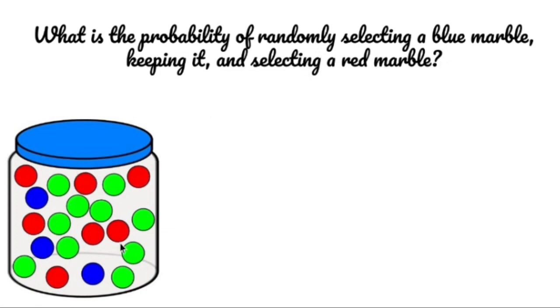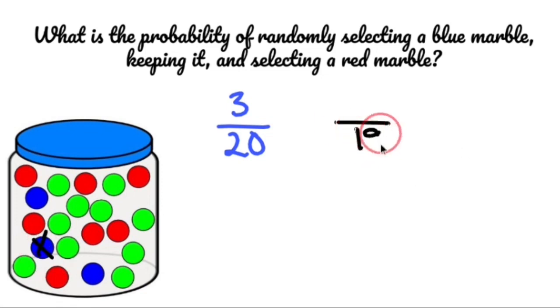What is the probability of randomly selecting a blue marble, keeping it, and selecting a red marble? Right now we have 20 marbles in here. So selecting a blue is 3 out of 20. Once that blue marble is gone, that leaves me with 19 marbles. What's the probability of randomly selecting a red marble? I have 1, 2, 3, 4, 5, 6, 7 red marbles.